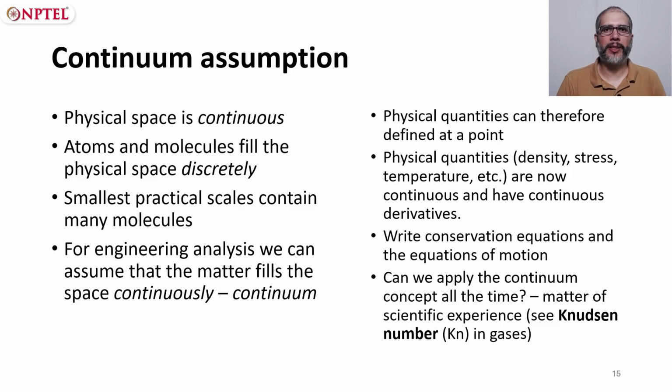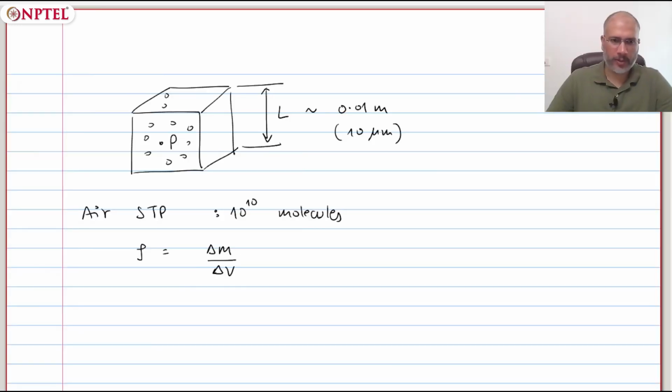However, there are some quantities which help us with the fact whether the theory of continuum mechanics is applicable in that condition or not. One such quantity is called the Knudsen number, which is named after the Danish scientist Knudsen. So the Knudsen number is defined as the ratio of the mean free path to a characteristic length.